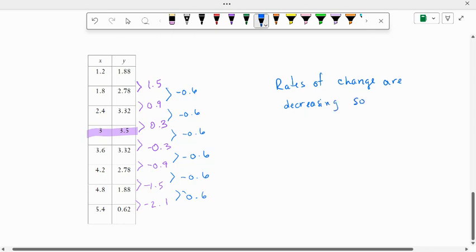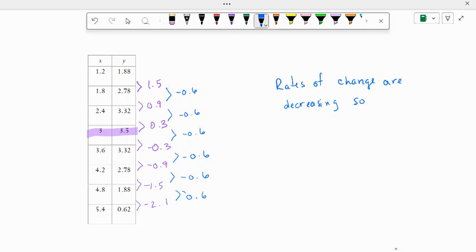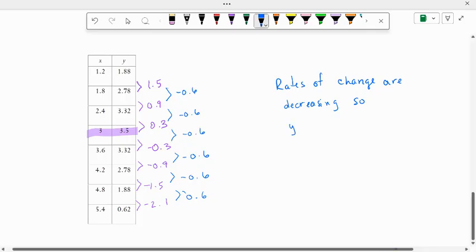What that tells me is that this function y is concave down. And if I plotted those points, I would see something like this happening, and I would agree that that is a concave down graph.